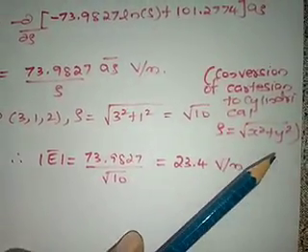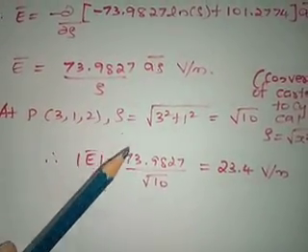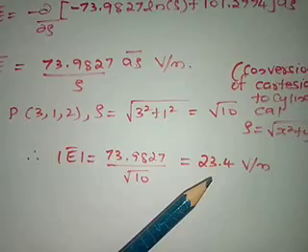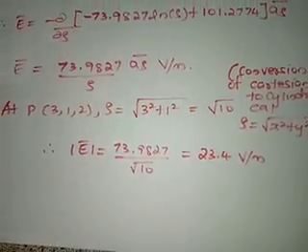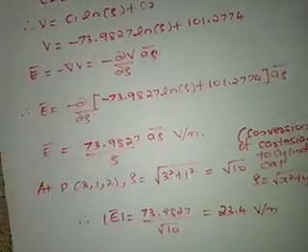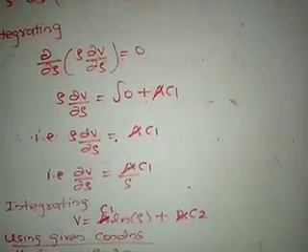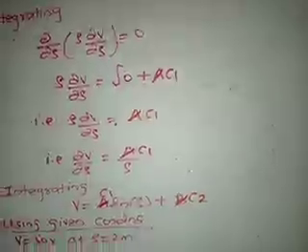So E bar is equal to 73.9827 divided by root 10, which comes out to 23.4 volt per meter. Like this you have calculated the value of E for the field of two coaxial conducting cylinders, given the boundary conditions.